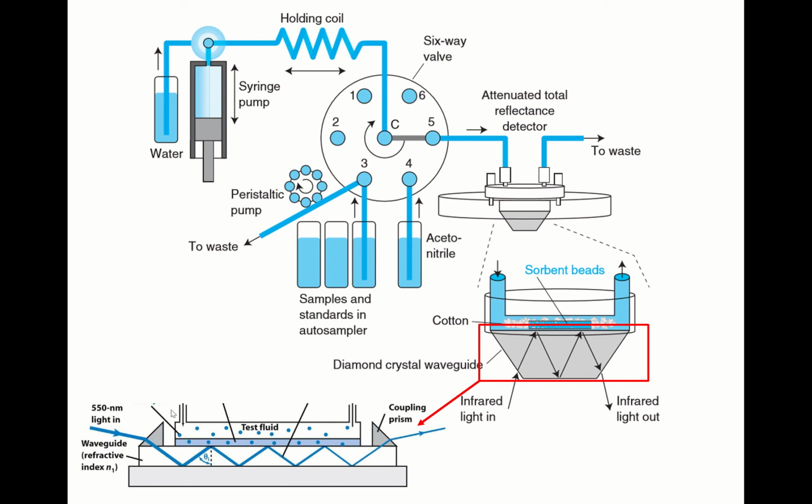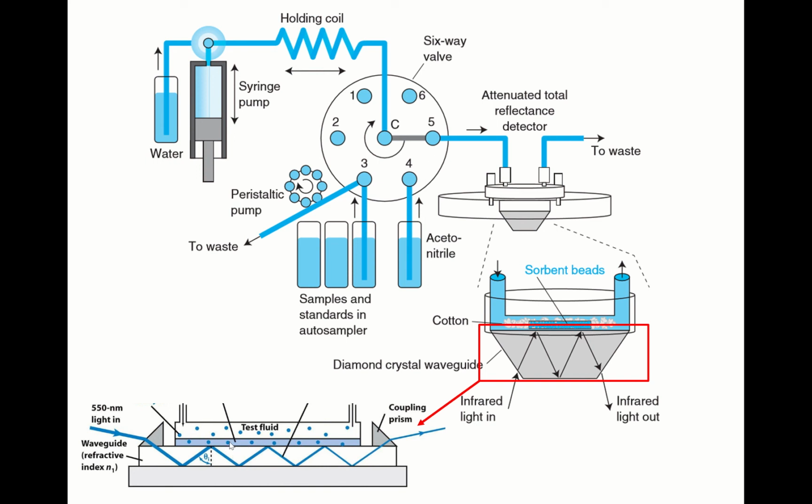Now the sample passes through this layer, and you send this light, and it is reflected inside this prism many times. The diagram shows 3 times, but I think it's many times.